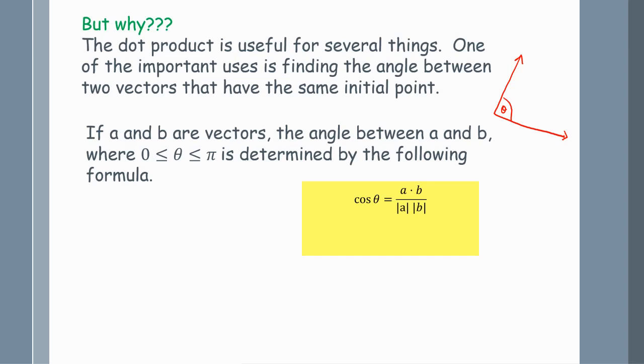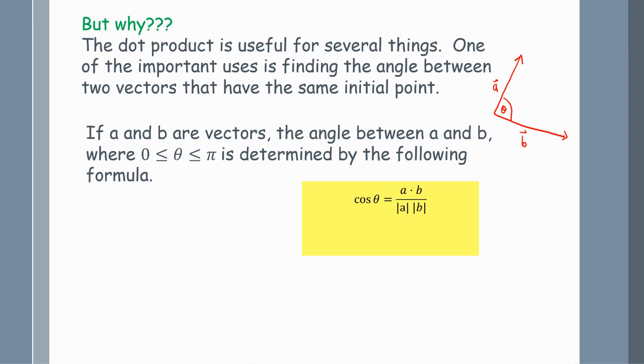If A and B are our vectors, we always measure the angle that is not the reflex angle, so the shortest angle between the two vectors A and B. So our angle will always be between 0 and pi.